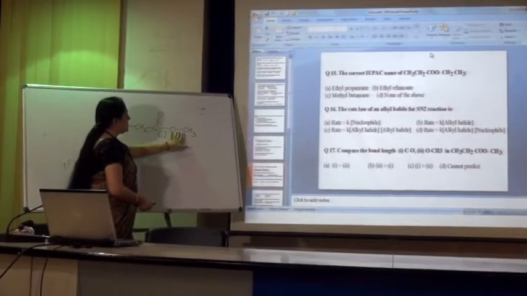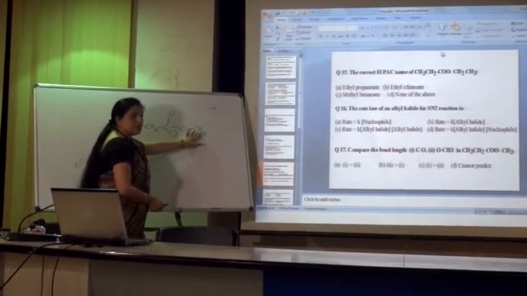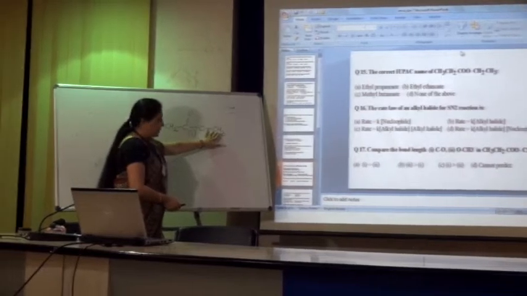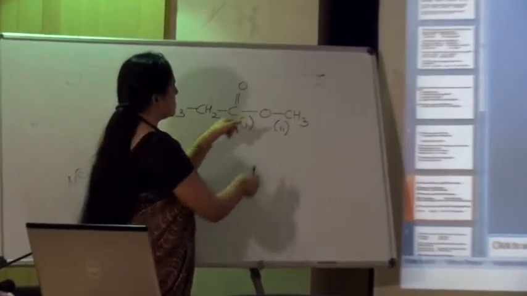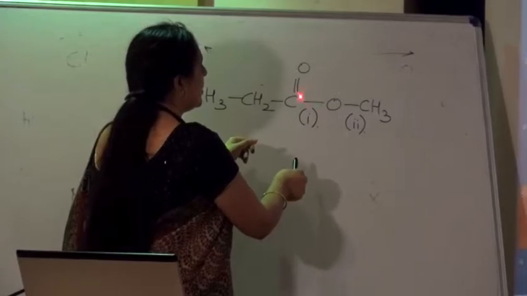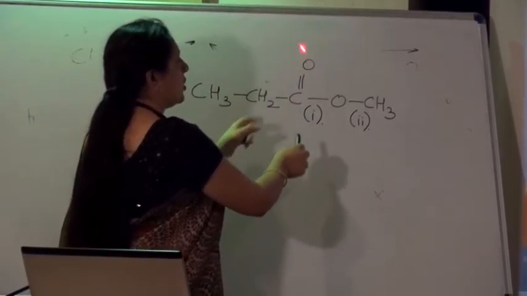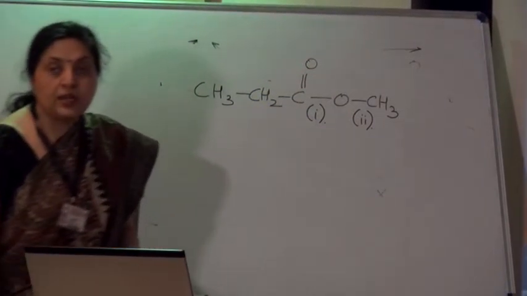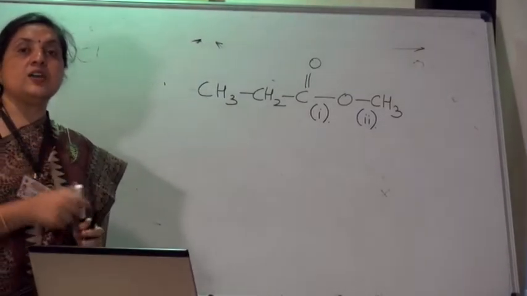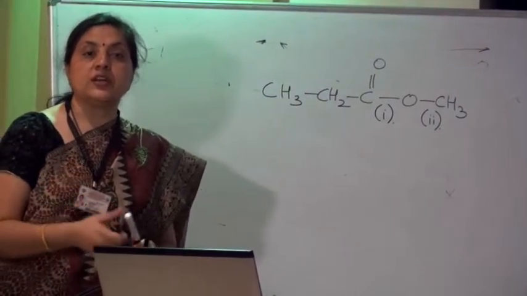Now, if you see this, CH3 is already an electron releasing group, fine. But if you consider this carbon oxygen bond, you have a double bonded oxygen attached to it, and in this case, which, I told you, has an electron withdrawing nature.